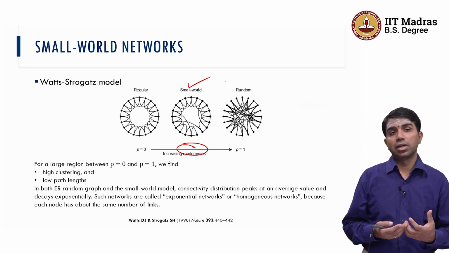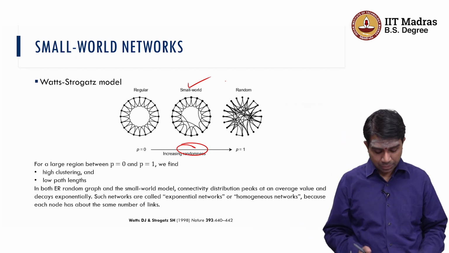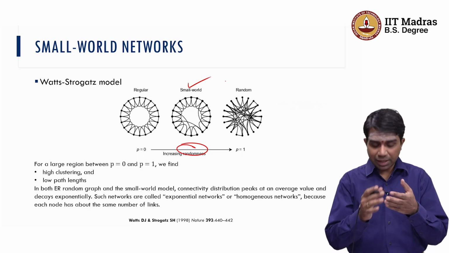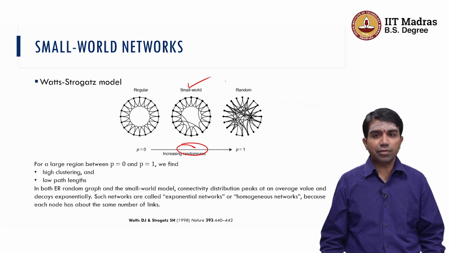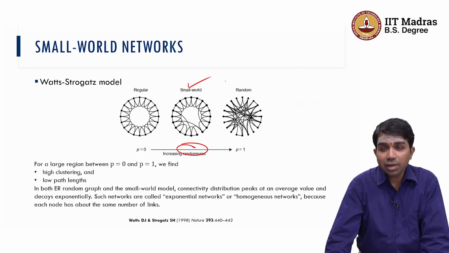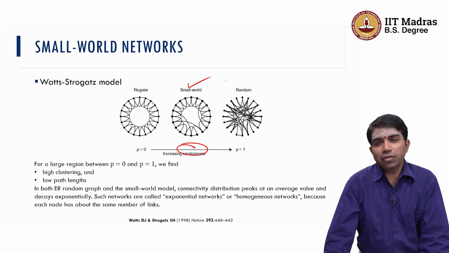This is very interesting because this captures a very important feature of real world networks. In both ER random graphs and small world networks, the connectivity distribution peaks at an average value and then decays exponentially, and so these networks are also called exponential networks, and they are also called homogeneous networks because no node is very different from the other nodes.